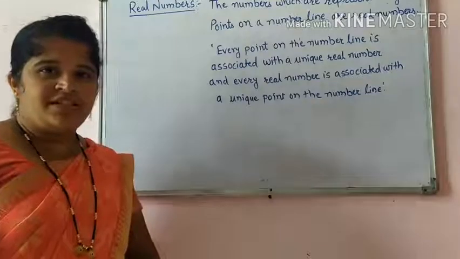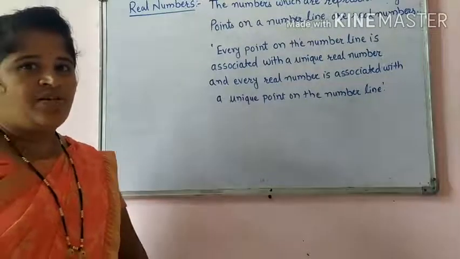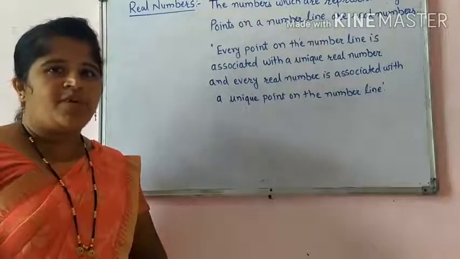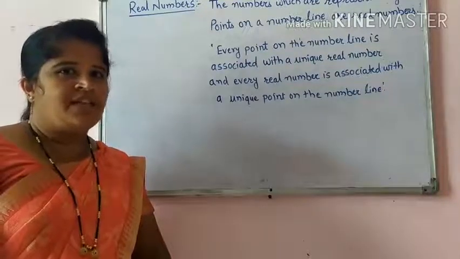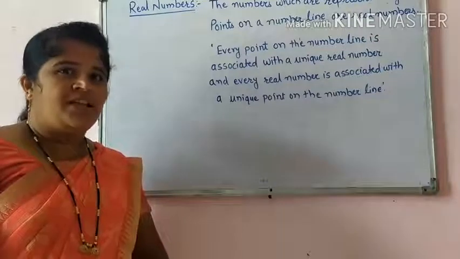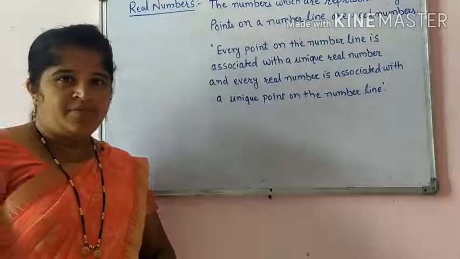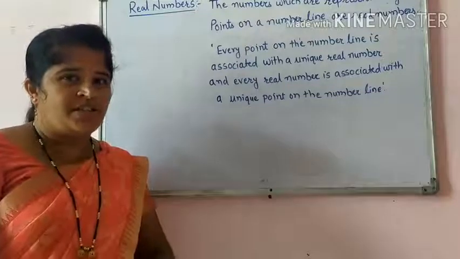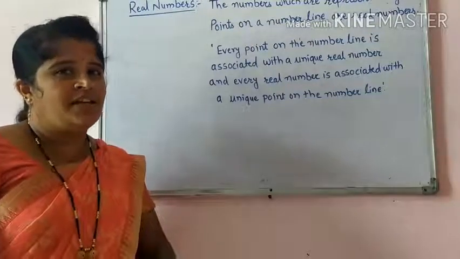Now next is real numbers. We know that the collection of numbers we get by putting together rational numbers as well as irrational numbers is called the collection of real numbers. Means every rational number is a real number. Also every irrational number is a real number.